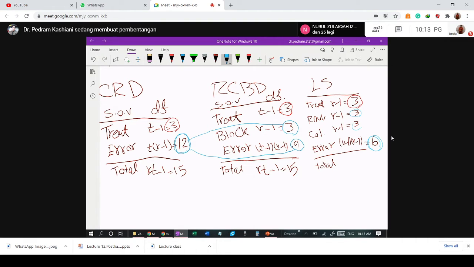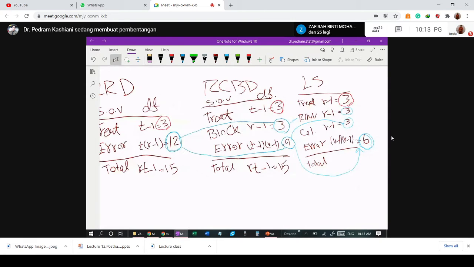From RCBD, this 9 goes to 3 here and 6 here. This block is still this one. So can you see, any blocking I add, I'm losing degrees of freedom for error. In CRD, my degrees of freedom for the error is 12, with the same number of treatments and replications.